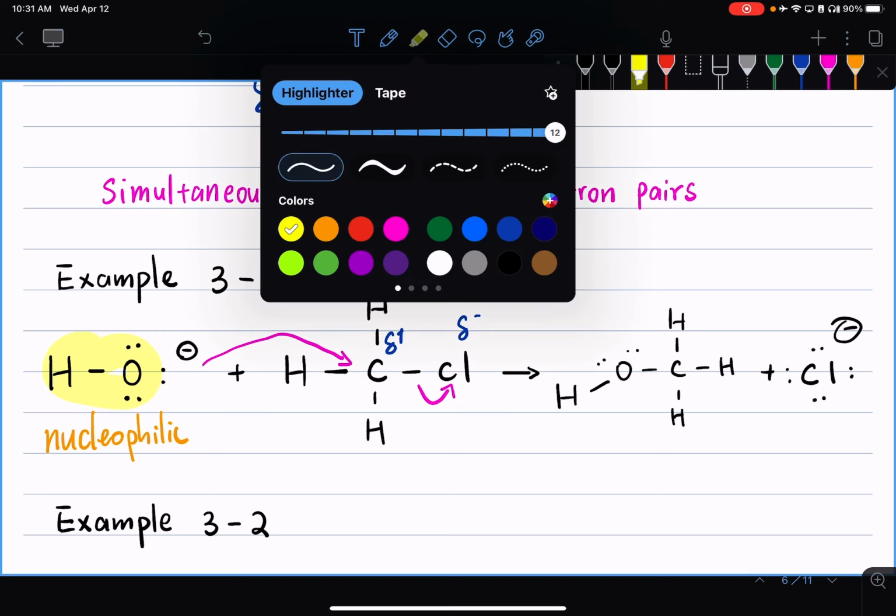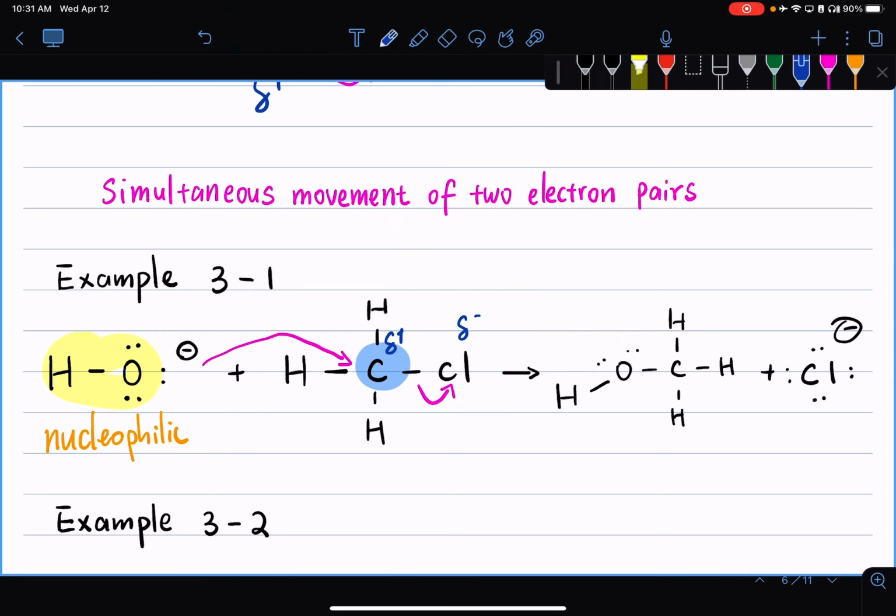And in here, when we have this carbon center, we can say it to be electrophilic, or relatively electron deficient because it's bonded to chlorine, an electronegative atom. Those are terminology we use a lot in organic chemistry. There is nothing fancy. Nucleophilic just says we have lots of electron density here. Electrophilic just says, I want electrons. It's a species that wants electrons.